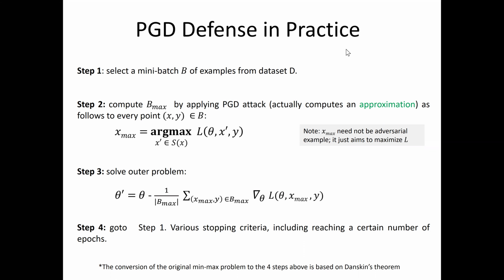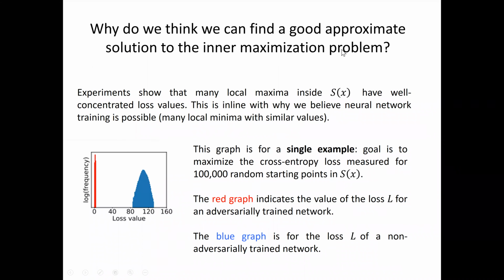Okay, so let's see. There's a little bit of discussion in the original Madry paper on these various questions. One of them is why we can find good approximate solutions to this inner maximization problem. Why do we think we can approximate it well?